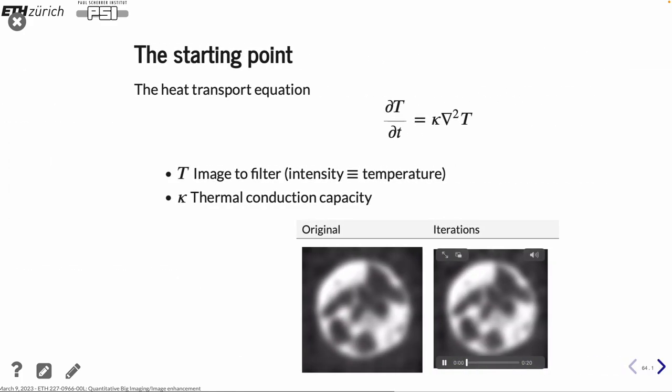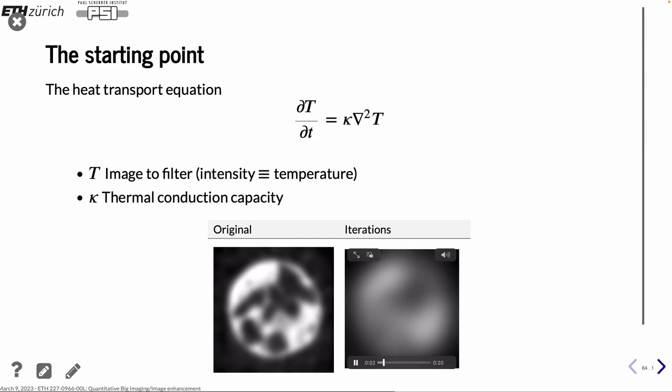So we have this example where we can use the heat transport equation, which is defined like this. Then we replace the temperature by the image gray level. And by doing this, we can see that we have an, let's see, I'm a bit confused that the original is actually so blurred, but okay.